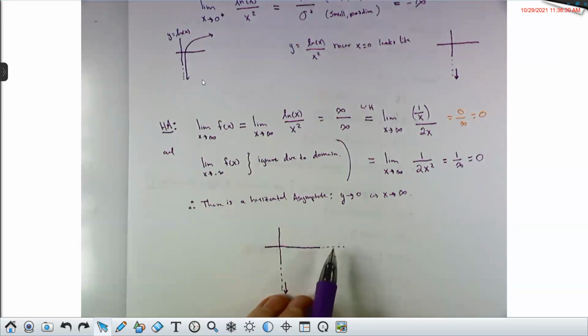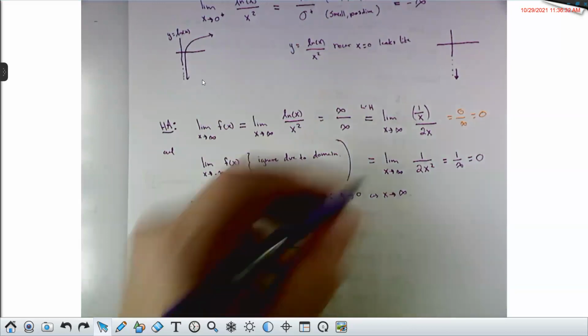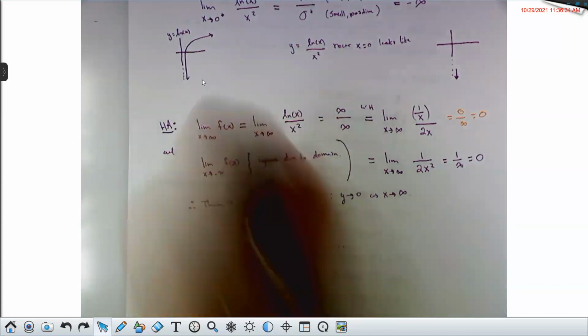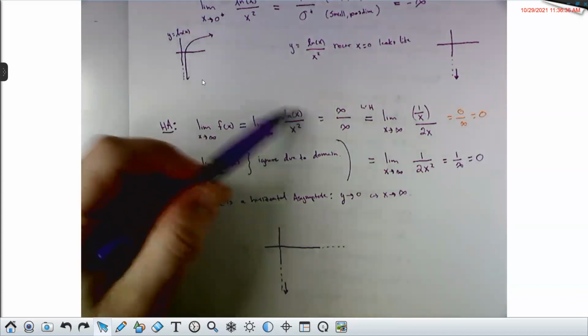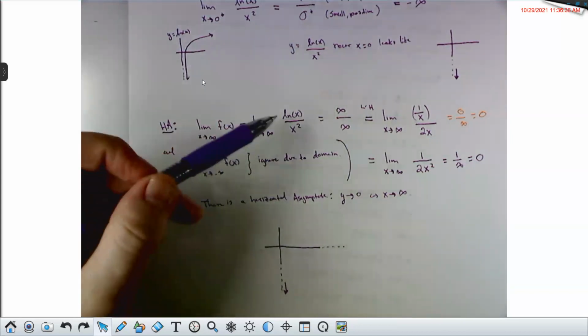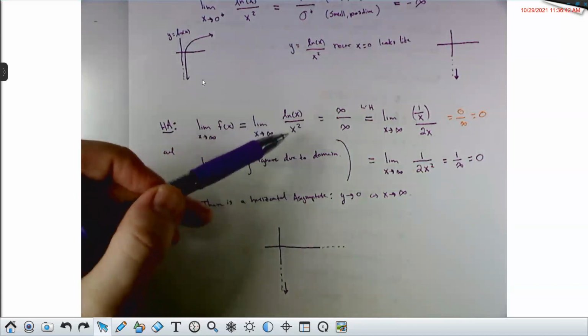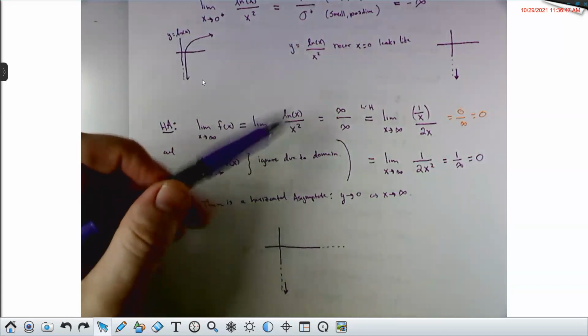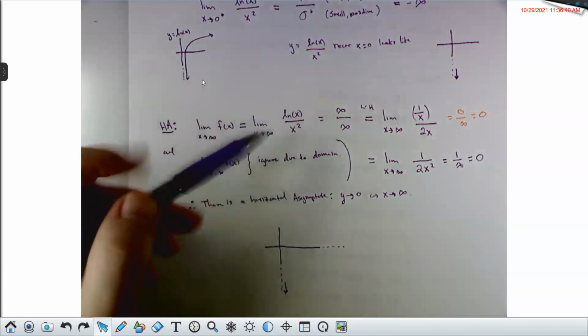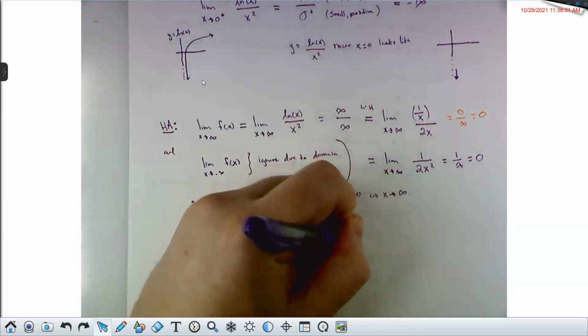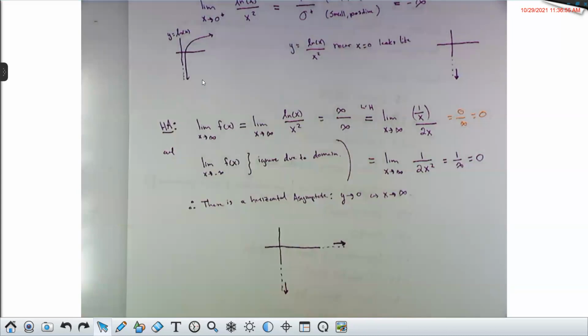And if I want to know whether I approach my horizontal asymptote, like is this 0 plus or 0 minus, I should imagine plugging some large numbers in here. If I plug like e to the 10 in here, then I get the natural log of e to the 10, which is 10, divided by e to the 10 squared. Definitely that's positive, right? So I will be approaching this guy from above.